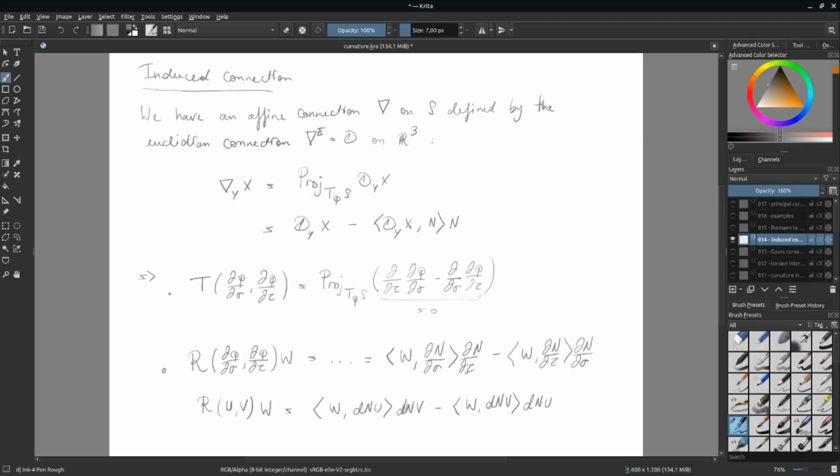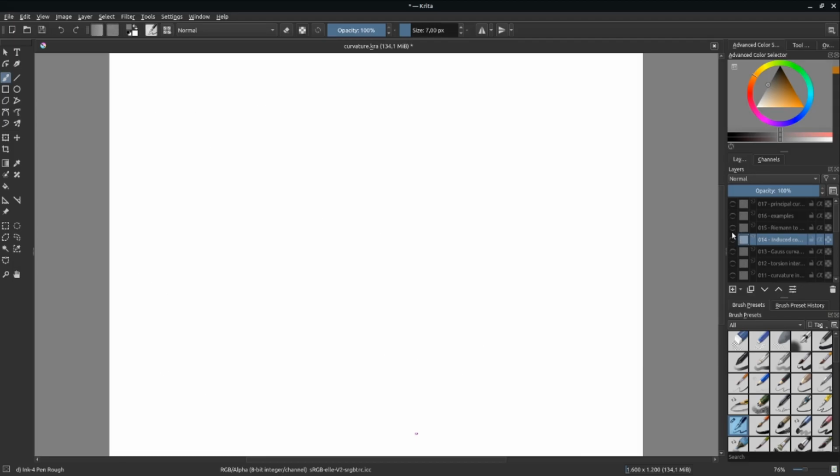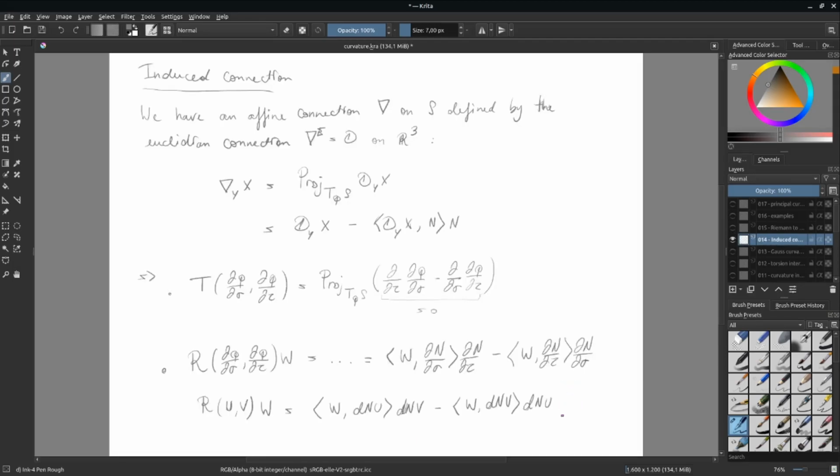And more generally, if I forget about these basis vectors, for any u and v, I still have the same: the inner product of W with the differential map applied to u, and so on. We get this.